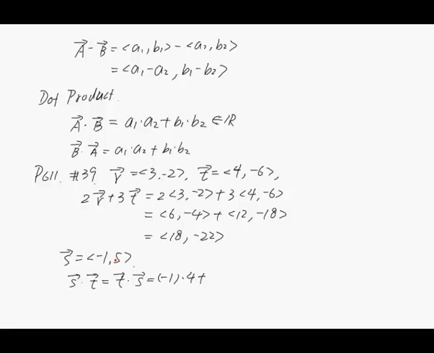Then the second component of this S, 5, times the second component of this T, that is the negative 6. Then you simplify, you have negative 4 minus 30, then you get negative 34. So this is the dot product.